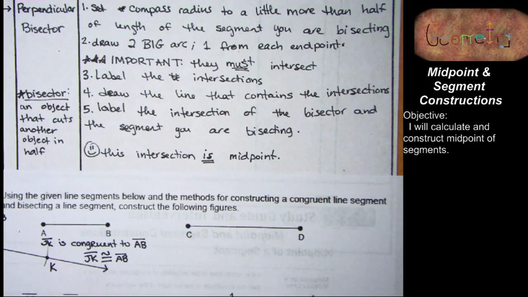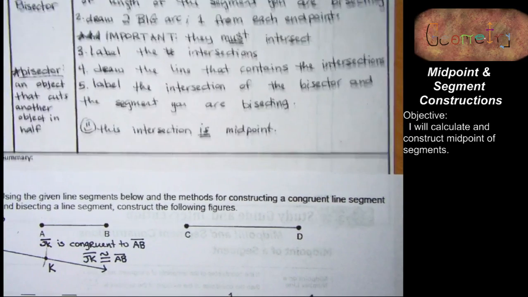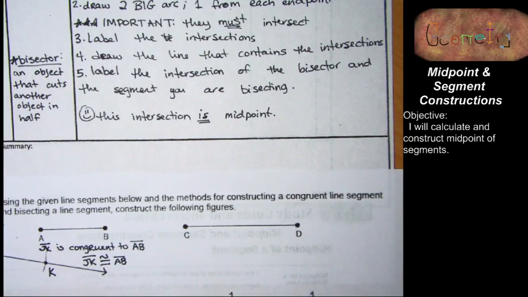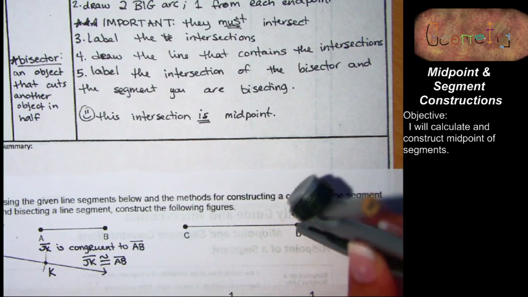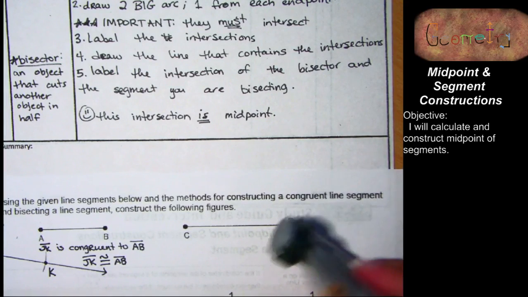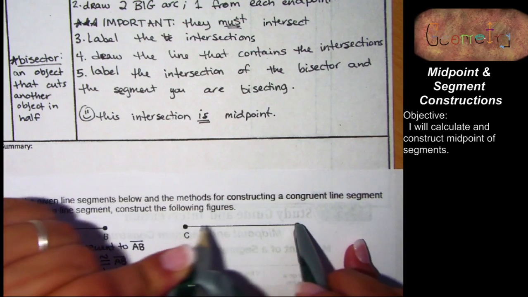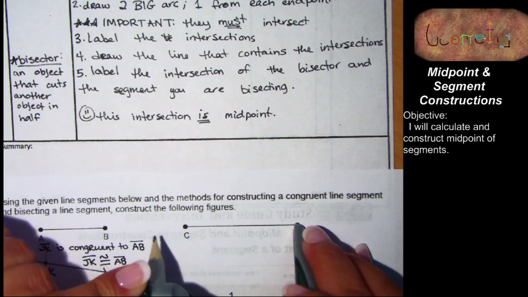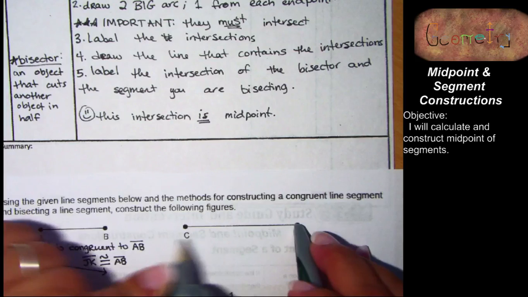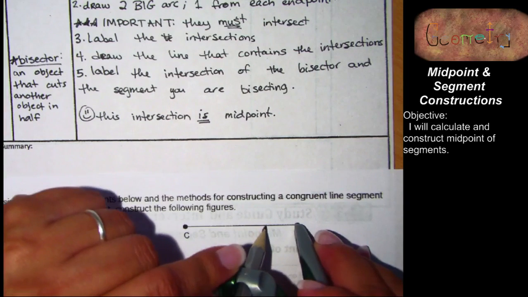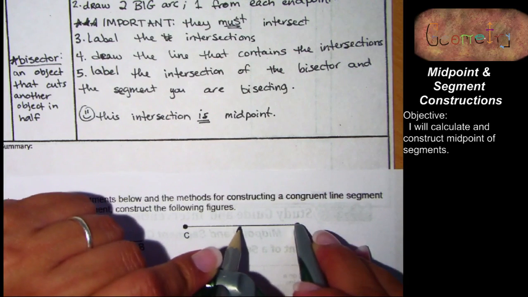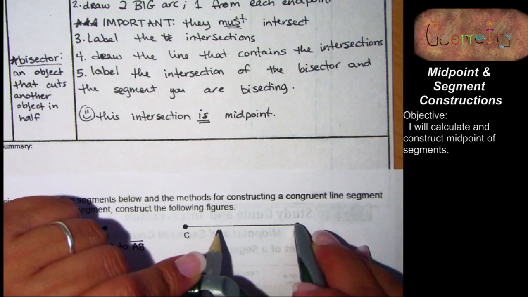Okay? All right, step 1. We're going to set the compass radius to a little more than half. So here's one endpoint. I'm not going to set it way over here, that's too big, but I'm not going to set it way over here either, too small. This is my guess for the middle, so I'm going to go a little bit more.